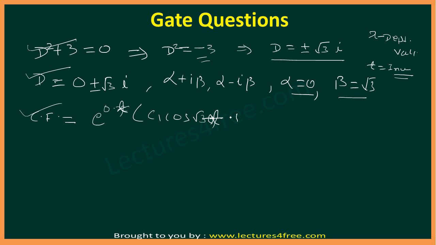Similarly you will get c2 sin root 3 t, because here you write the independent variable. So you got the complementary function.